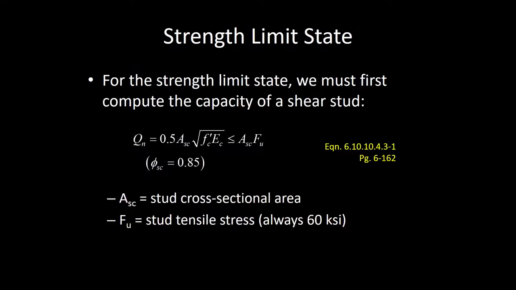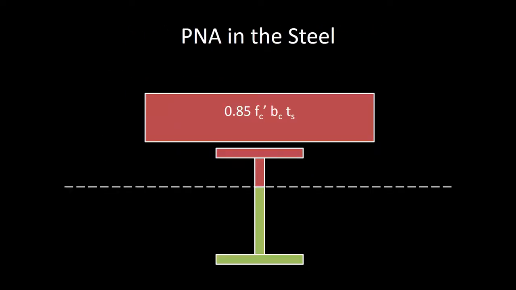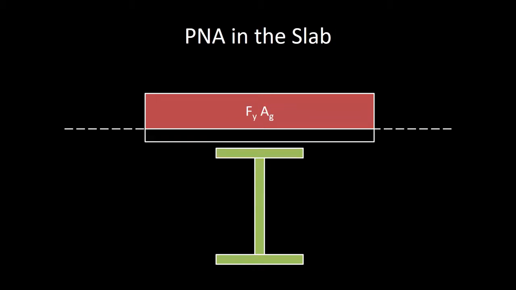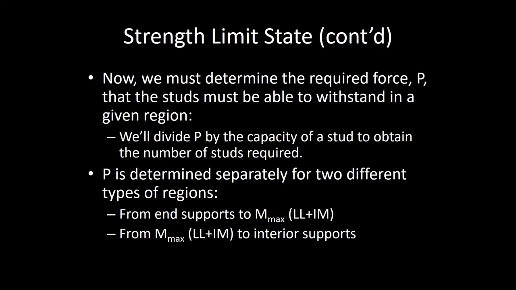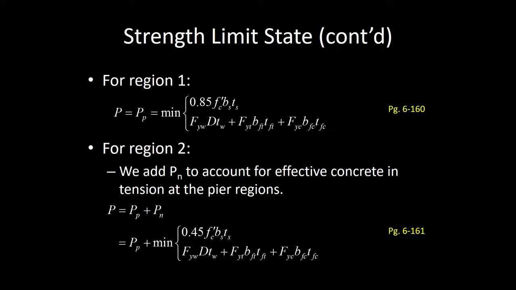The force that's going to be required to be resisted by the stud is either 0.85 FC prime times the area of the deck or Fy times the area of the girder. And that is basically it.